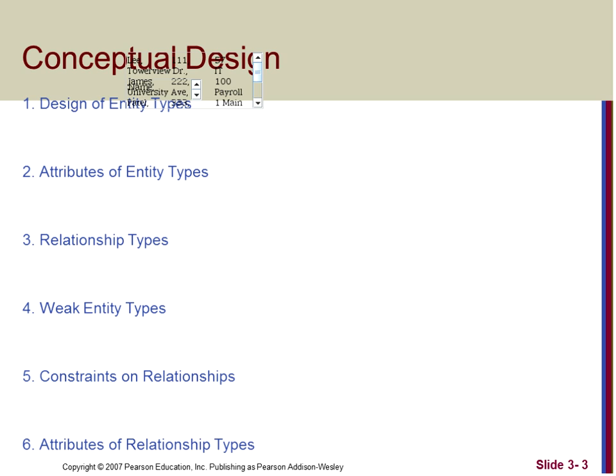Entity type is the common information about a group of entities. So by collecting the information about the entity employee, that is the name. Then second is the ID. Third one is the address. Last one is the department.